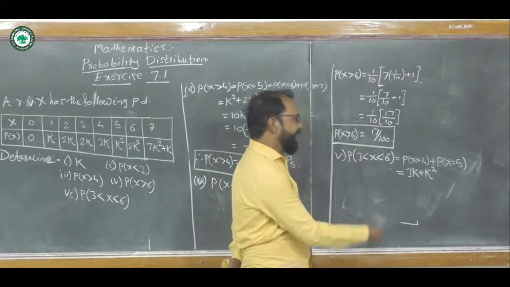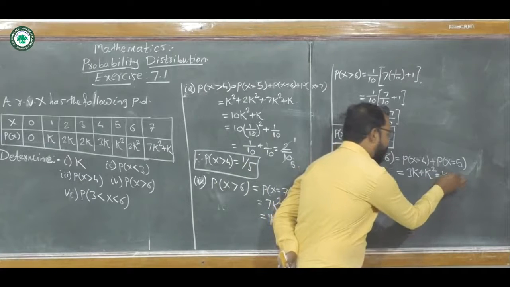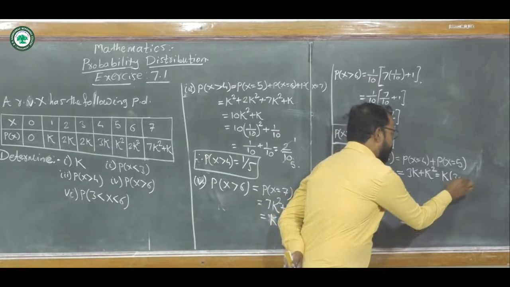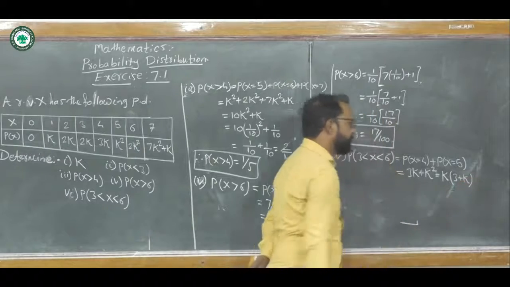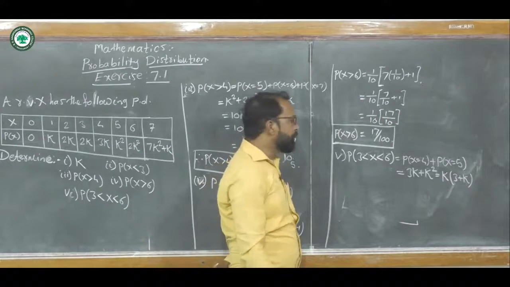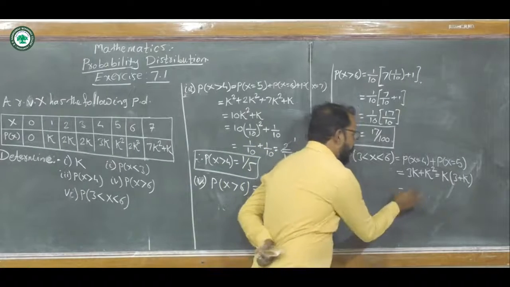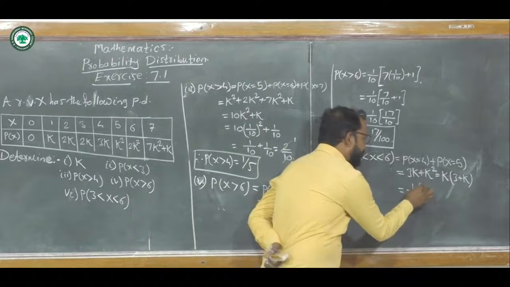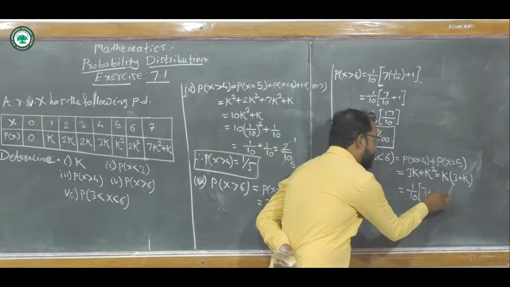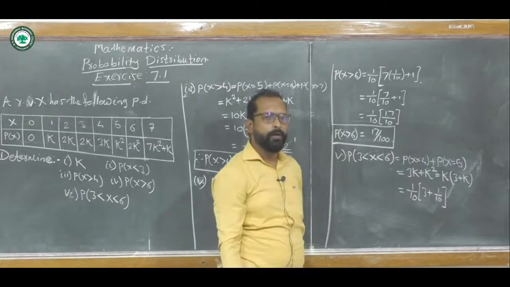Now again taking k as a common factor, it becomes 3 plus k only. Now put the value of k, that is 1 upon 10. So we get 1 upon 10 into 3 plus 1 upon 10.